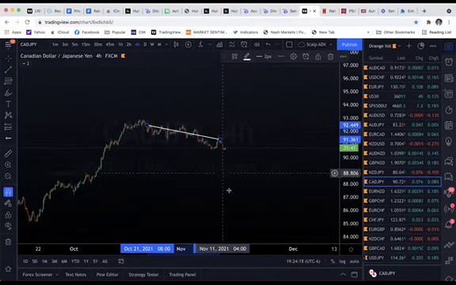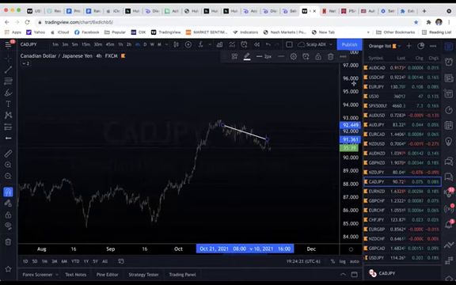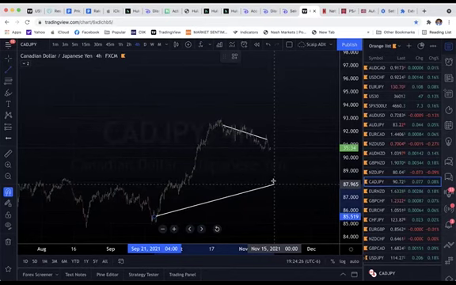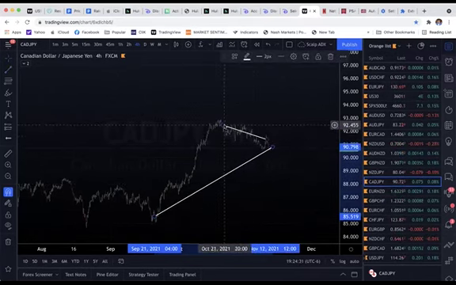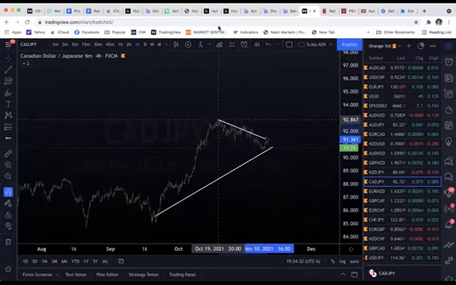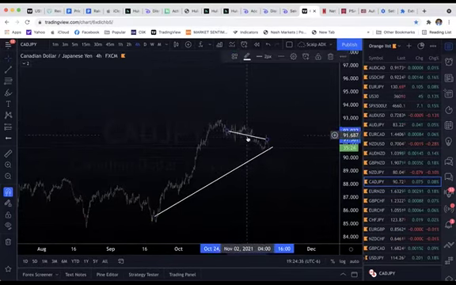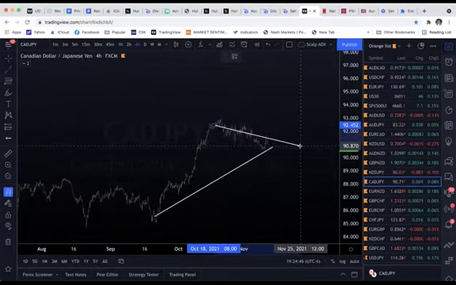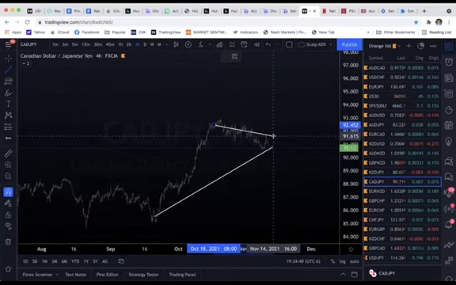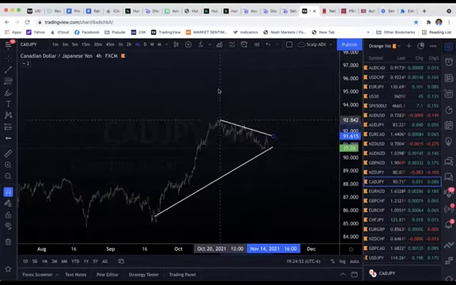But anyway, it's going down, but look at this as well. There's also an upward convergence going this way as well. Okay. So this is actually kind of... This is kind of like a pattern that is being created, and we don't know yet.